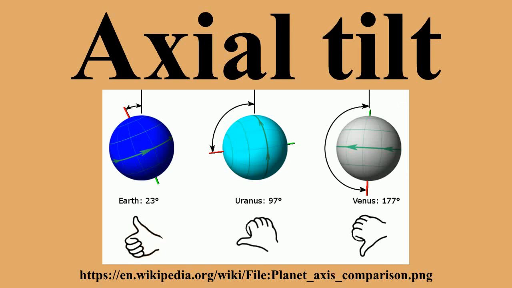Epsilon equals 23 degrees 26 minutes 21.45 seconds minus 46.815 t minus 0.0006 t² plus 0.00181 t³, where hereafter t is Julian centuries from J2000.0.